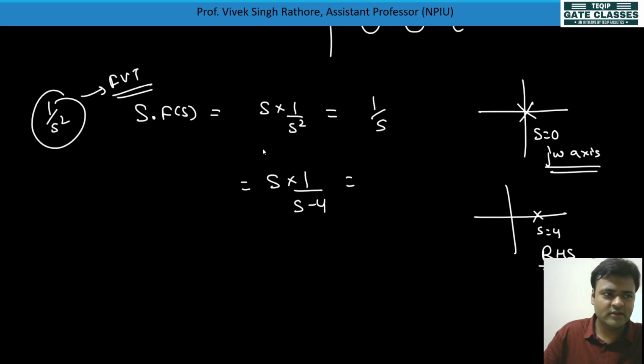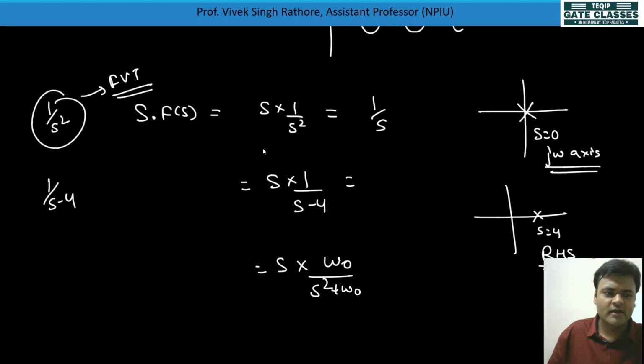See, when we multiply s with this signal and look at the pole values, what we get is that the pole is on the j omega axis. For 1 by s minus 4, the pole is in the right hand side. Let's suppose s into omega naught by s square plus omega naught square, here we get the poles at plus minus j omega naught.